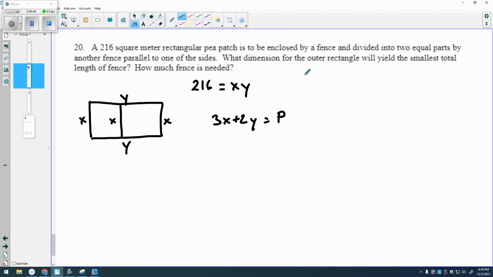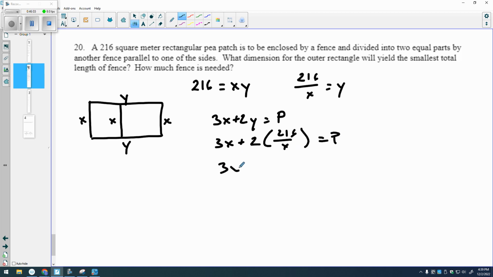Solve this up here for one of my variables. So 216 divided by x equals y. Plug that in. So 3x plus 2 times 216 over x equals p.